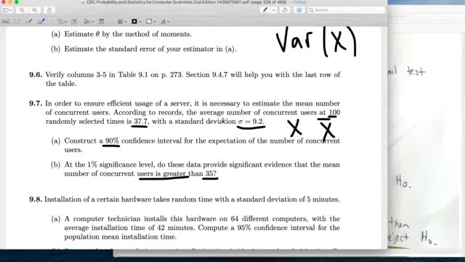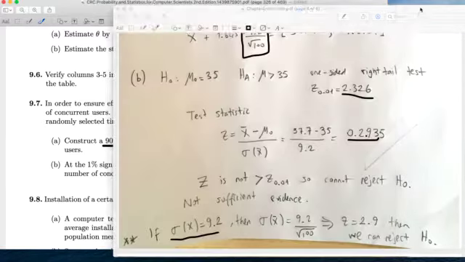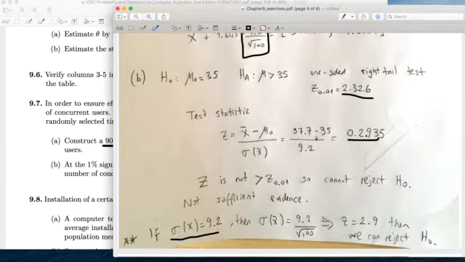As I understand from the sentence, the average number of concurrent users at 100 randomly selected times is 37.7, with a standard deviation of this. I can associate this standard deviation with the average number, so I can associate it with x bar, which I'm sure most of you may also do. And therefore 9.2 becomes the standard deviation here, the first interpretation.